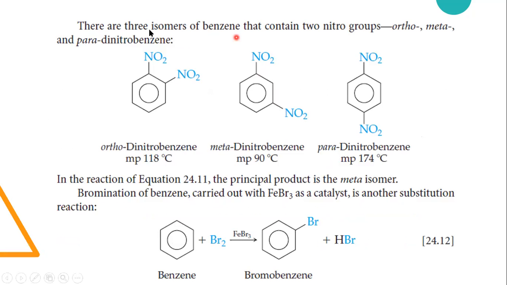In naming aromatic hydrocarbons, there are different prefixes. For example, there are three isomers of benzene that contain two nitro groups: the ortho, meta, and para dinitrobenzene.